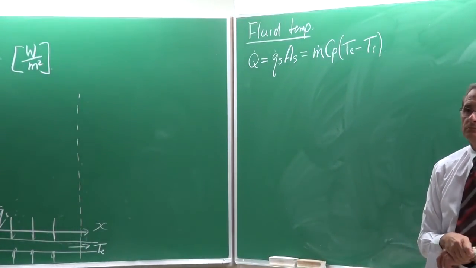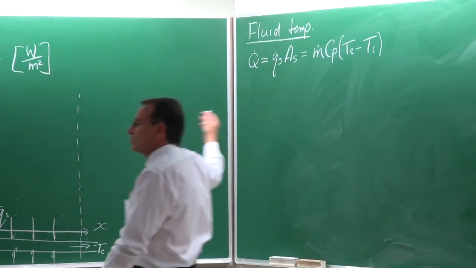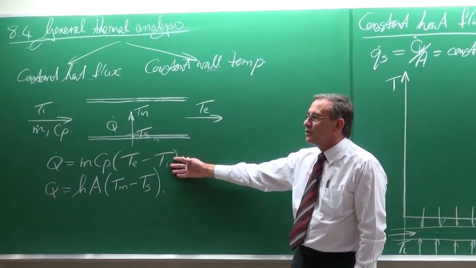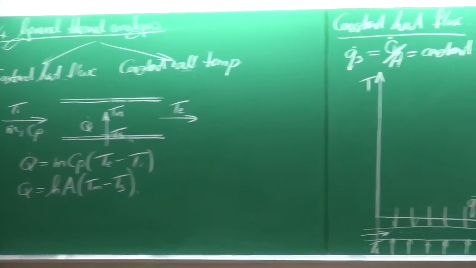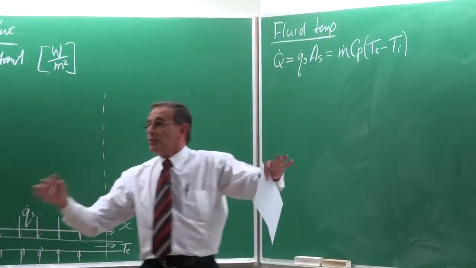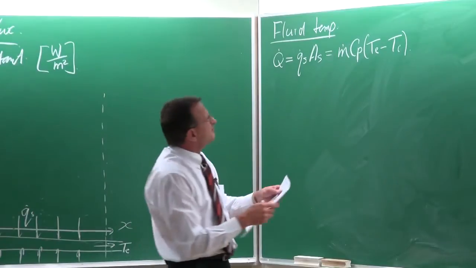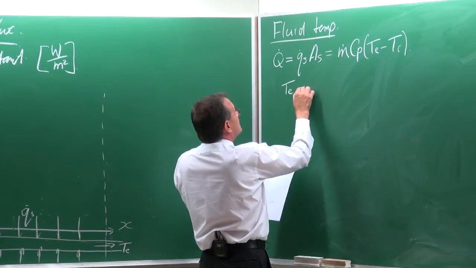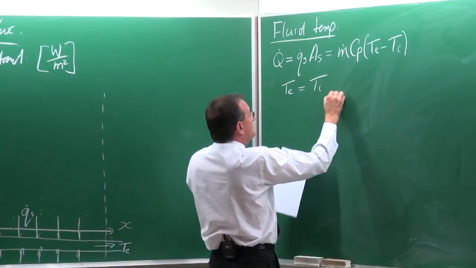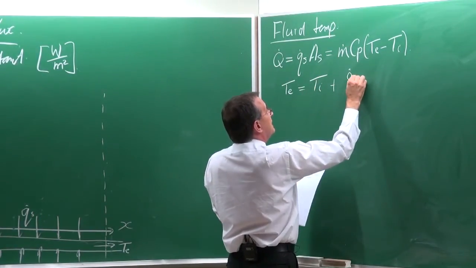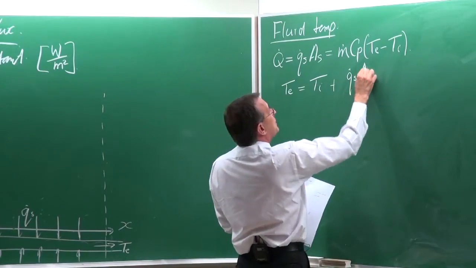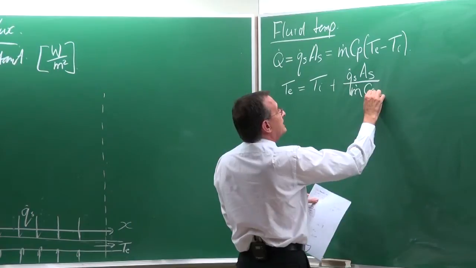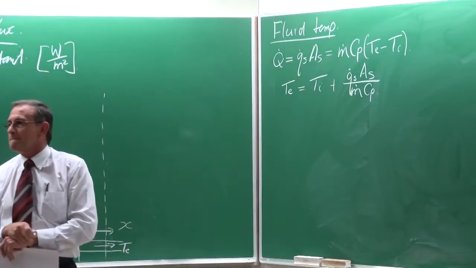Do you agree? Coming back to this equation at the beginning, it is just a normal energy balance: the heat transfer rate is equal to the mass flow rate times Cp multiplied by the temperature difference. So, determining the outlet temperature is very easy. We can say it is equal to the inlet temperature plus the heat flux multiplied by the surface area divided by the mass flow rate and the Cp. You see?